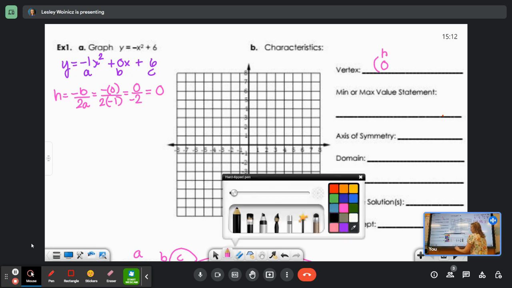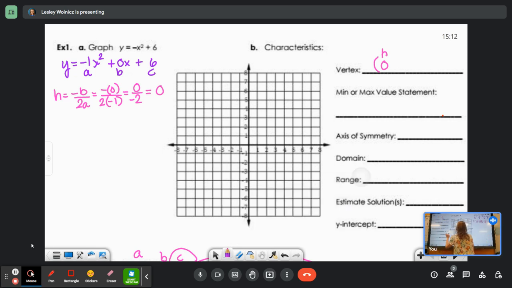Now I've got my input to plug in. I can find my k. So we want y equals the opposite of 0 squared plus 6. You see, I just used this rule right here. I just plugged in the 0.